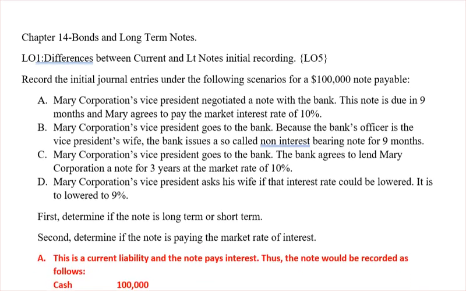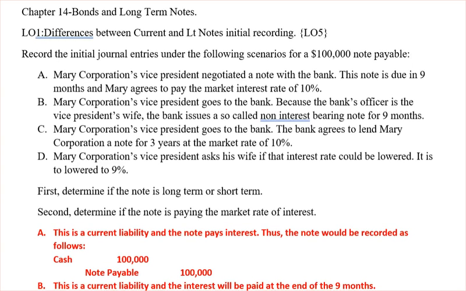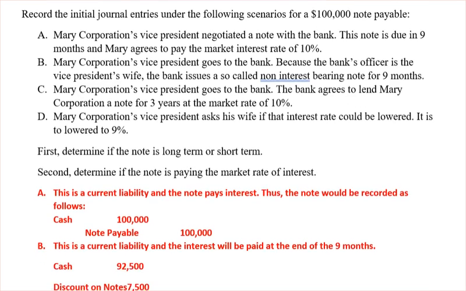So let's go through these then. First one is going through and saying just record it standard: cash, debit, and note payable, credit. The next one is a current liability, and the interest will be paid at the end of 9 months.